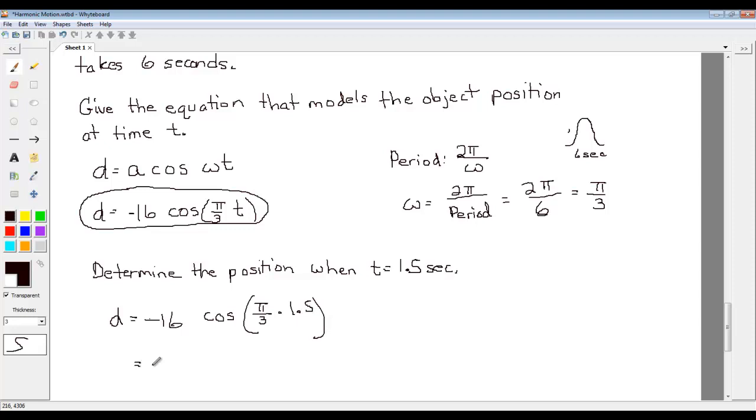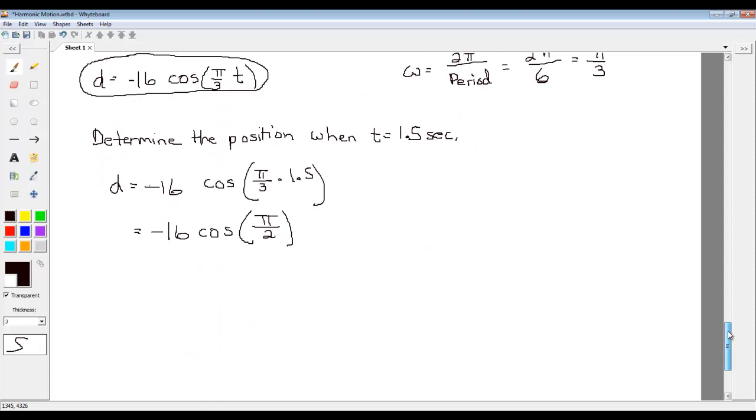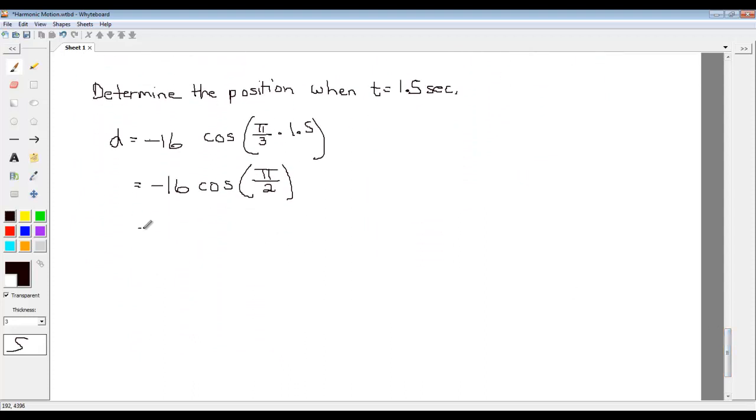So that's negative 16 times the cosine of, and then you do a little simplifying here, you basically get pi over 2. And what's the cosine of pi over 2? Well, it's 0. So you get d equals 0. So what does distance equals 0 mean?